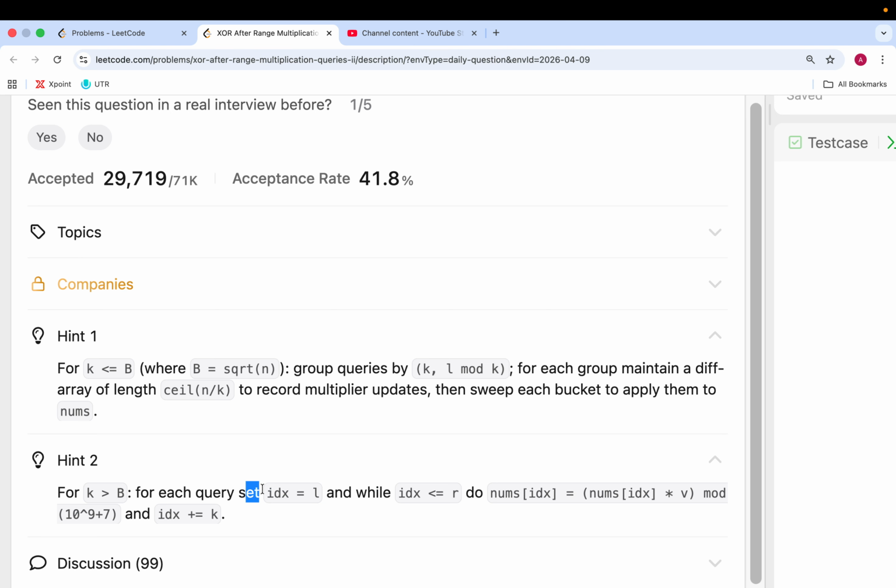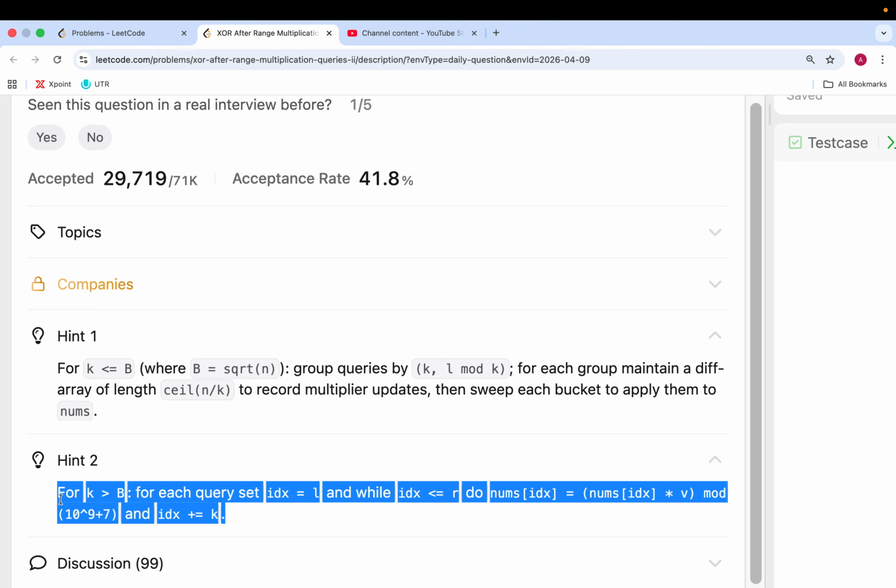For each query, set idx equal to L. Okay, so my understanding is if k is big enough, do it brute force style, because you're updating few enough elements by jumping. Yes.